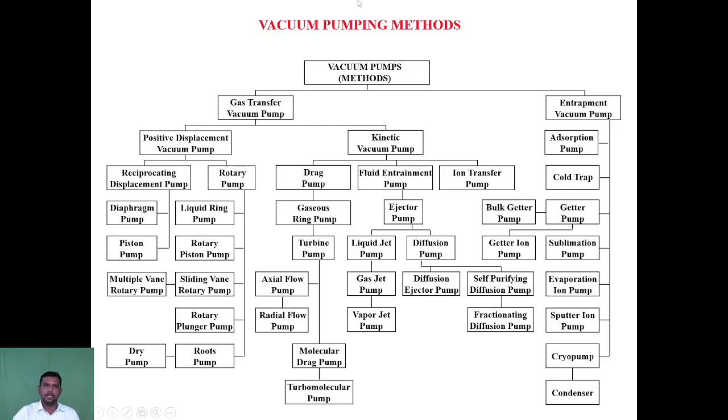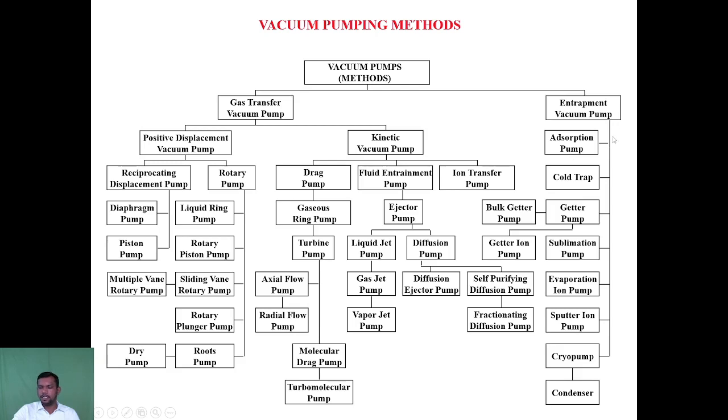As I said earlier, there are different vacuum pumping methods available. Generally a vacuum pump is divided into two types, that is gas transfer vacuum pump and entrapment vacuum pump. The gas transfer vacuum pump is further classified into two types, that is positive displacement vacuum pump and kinetic vacuum pump. Here also the entrapment vacuum pump is classified into different types.